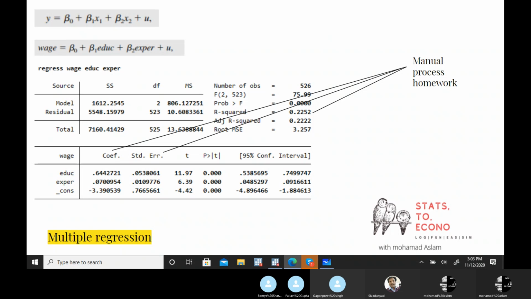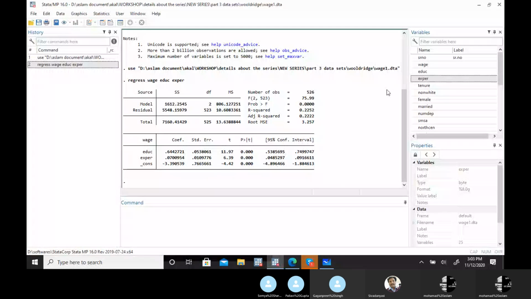Today I'm going to take this example from the wage1 data file that I have shared with you. This file has variables such as wage, education, experience, tenure and others. If you regress, with the dependent variable first and then the independent variables, you will get these results.